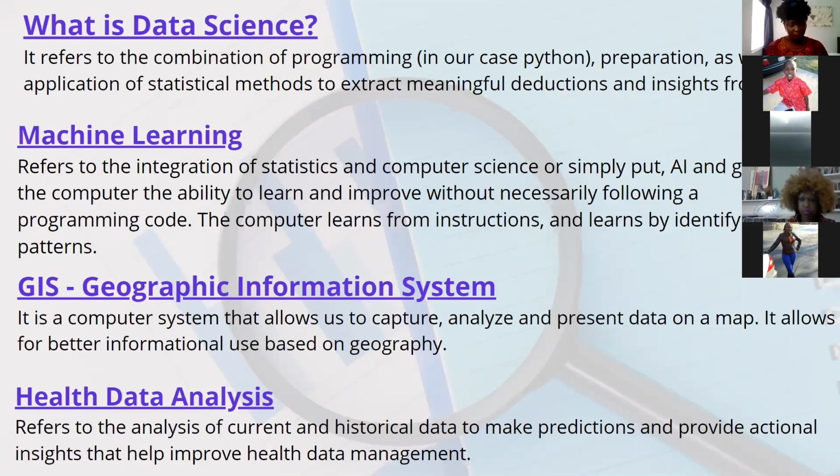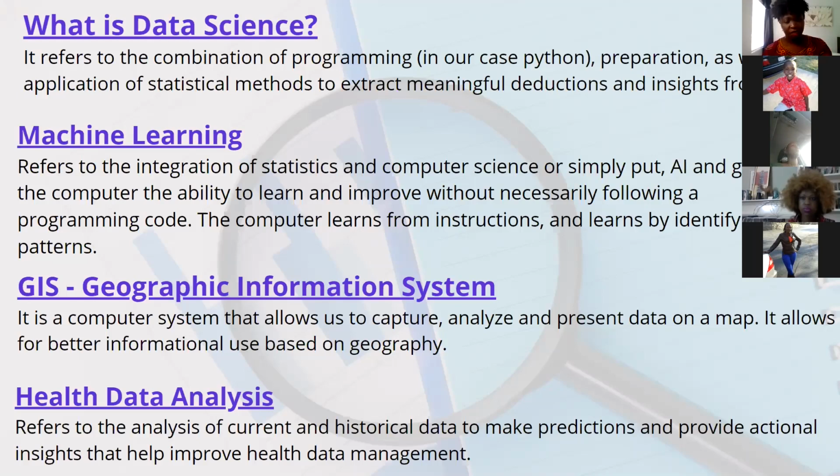And then the main highlight of this is the next step, which is GIS. We're just going to apply computer systems to capture, analyze, and present data on maps. In this case, it's going to be COVID data that we're going to map on a global scale, and it will allow us to have a better informational use based on application of geography.